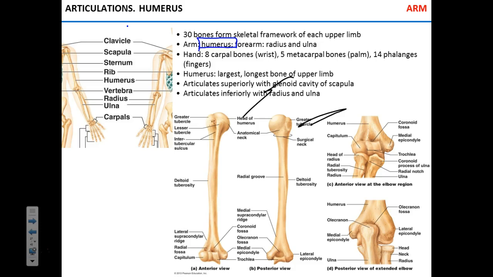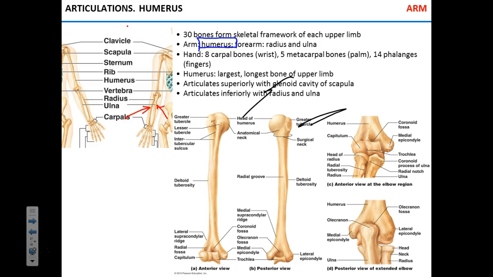It articulates at the proximal end with the glenoid cavity of the scapula, and the distal end articulates with the ulna and radius. The ulna is medial, and the radius is the lateral bone of the forearm. The articulation of these three bones, radius, ulna, and humerus, forms the elbow joint.